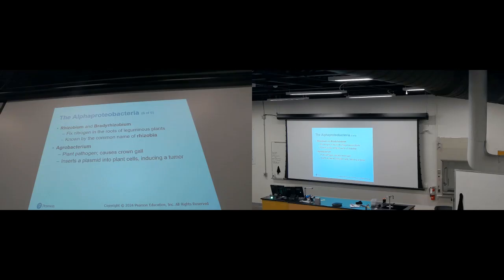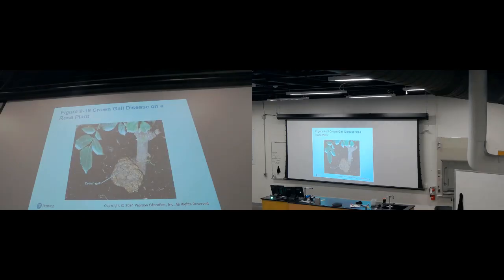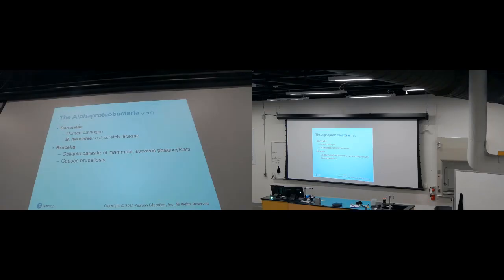So it undergoes several rounds of mitosis and causes a tumor. So this is Agrobacterium tumefaciens causing this crown gall, and then the plant will be short. The tree will be short. In this case, it's a rose plant.